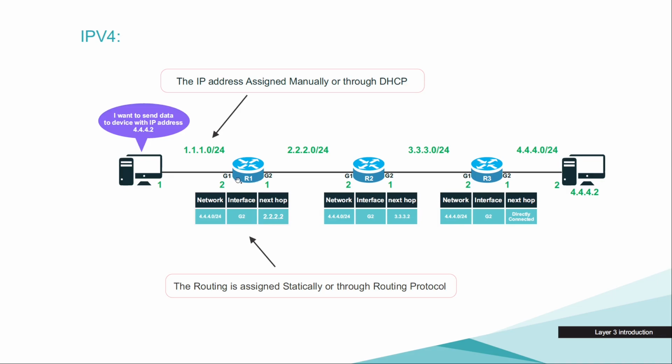In the routing table, it will find the network, which is 4.4.4.0, and the interface that our router can use to forward the data exists in the next hop. The next hop, 2.2.2.2, is R2 interface G1. When G1 receives this message, it will look at the routing table and look for the next hop for the destination network, which will be interface G1 on R3. R3 will find out that the network 4.4.4.0 is directly connected and will forward the data to PC2.